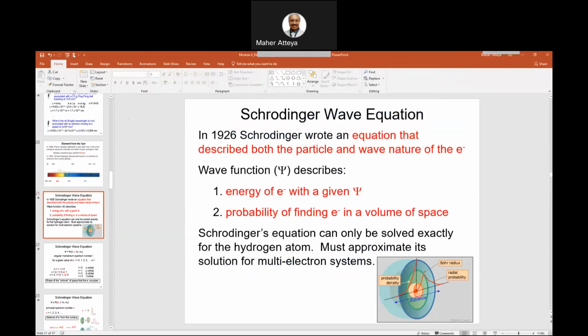We cannot pinpoint where the electron resides. It's impossible. Why? Because they are moving with the speed of light. If I move at the speed of light, you cannot pinpoint where I am going, correct? Can you tell me where I'm going? No. Of course, a human cannot do that.